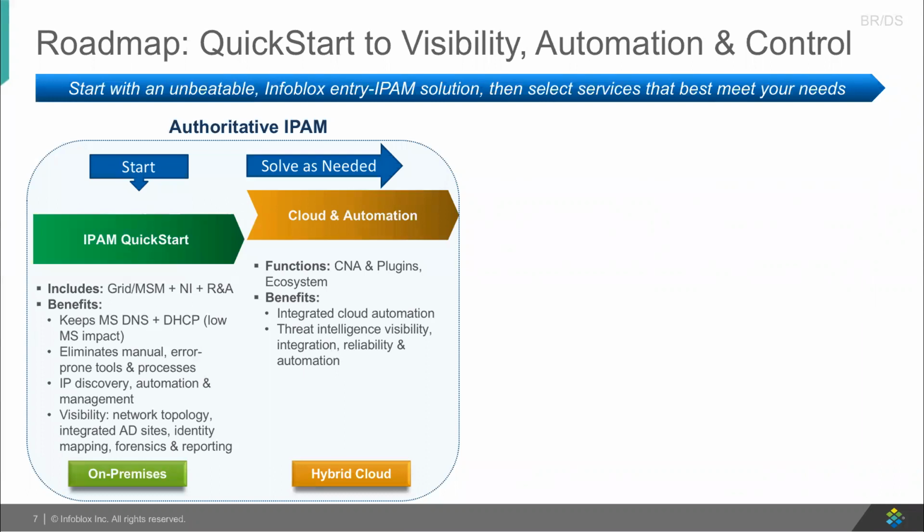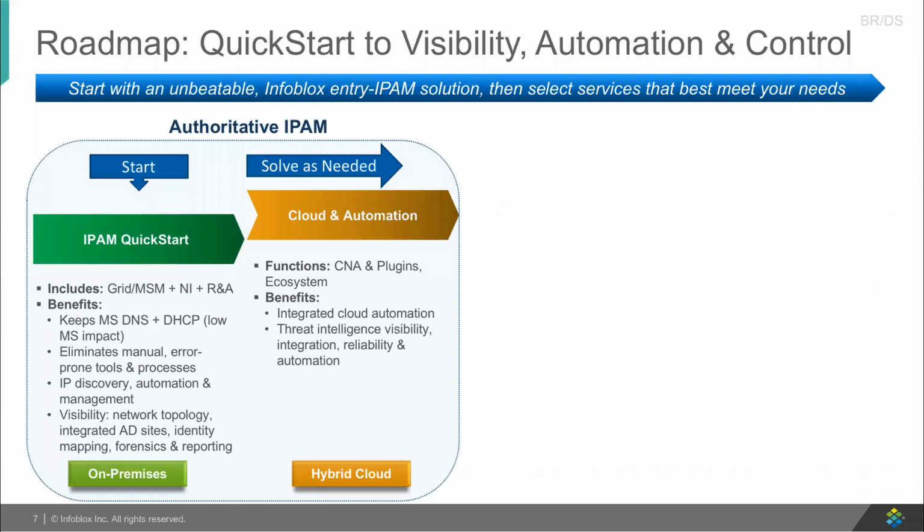Or it comes with IPAM. It has the Microsoft management, which discovers all of the Microsoft DNS, DHCP. It comes with Network Insight, which does a network infrastructure discovery, and the reporting and analytics, right? If it's important to you, you can include in that authoritative IPAM the cloud network automation plugins and ecosystem features as well.